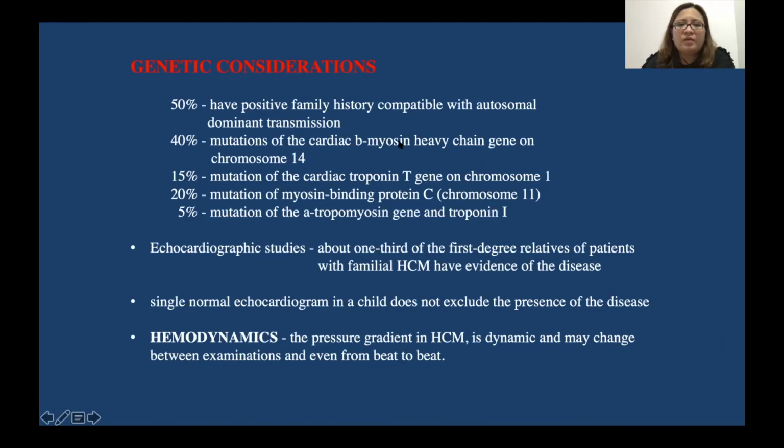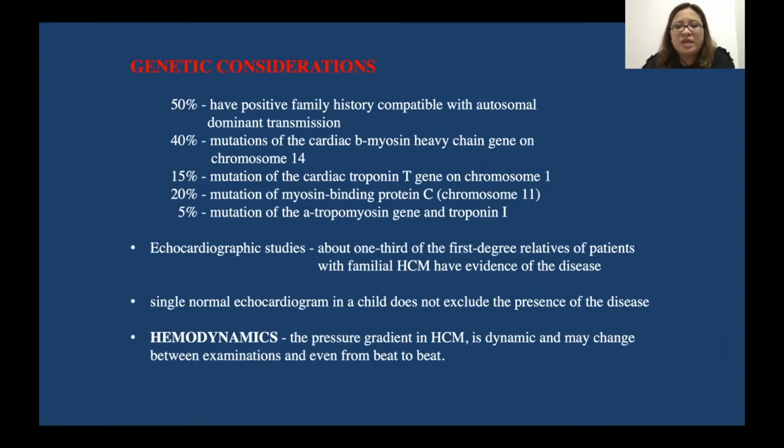On 2D echo, about one-third of the first-degree relatives of patients with familial HCM have evidence of disease. Hence, it is warranted to request 2D echo as a screening tool for immediate family members of patients with hypertrophic cardiomyopathy. However, a single normal echocardiogram in a child does not exclude the presence of the disease.